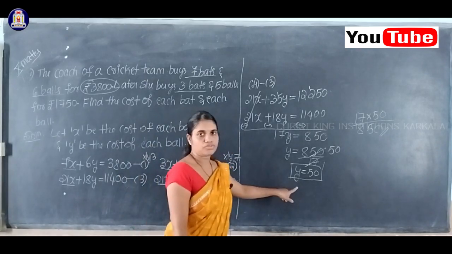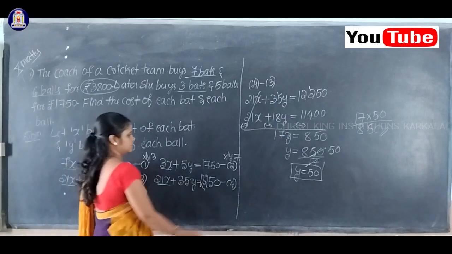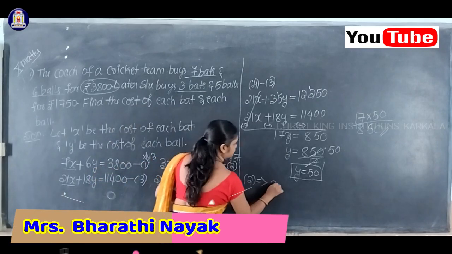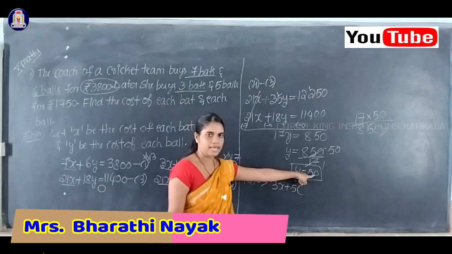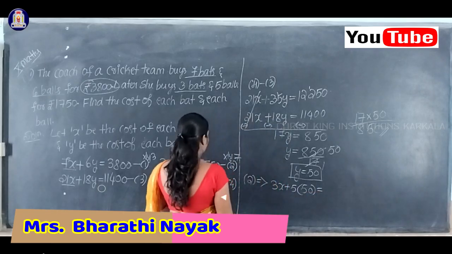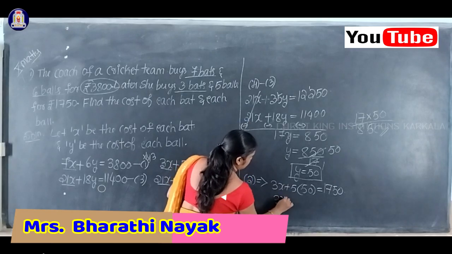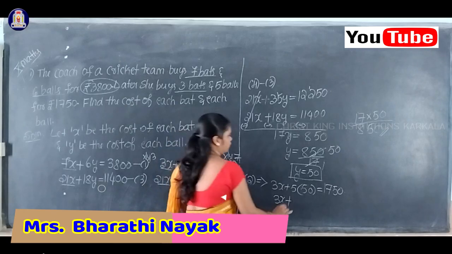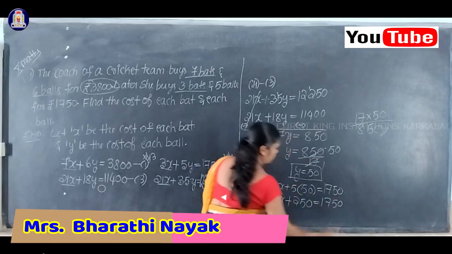Now it remains to find the value of x. I'll consider equation number 2: 3x plus 5y, and in the place of y I'll substitute this value 50, equal to 1750. 3x I'll write as it is, 50 into 5: 5 5s are 25, so you will get 250 equal to 1750.